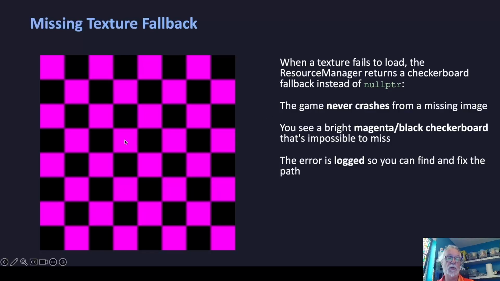In fact, as one of the exercises in this class, you're going to be adding a new entity to the game that has a non-existent texture so that you can see it. You'll add a new gem that has an image that is not valid, and therefore when you discover it, you'll see this instead of seeing a gem.